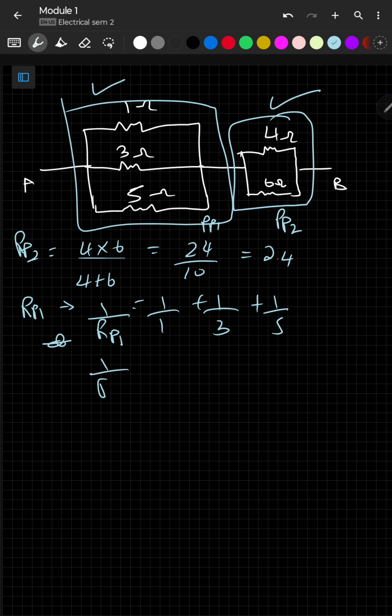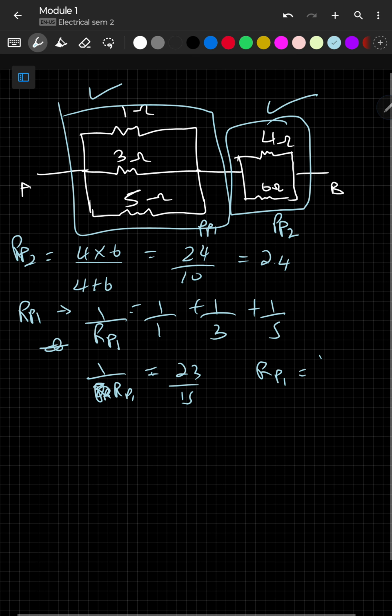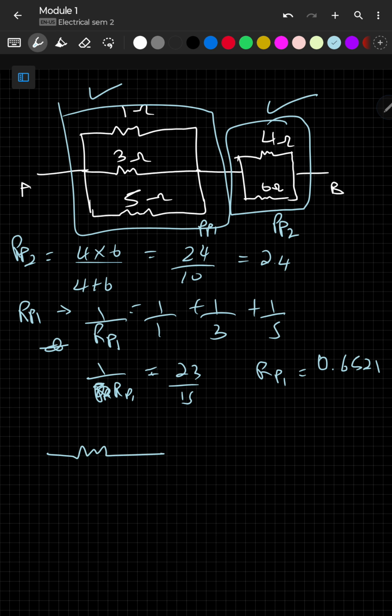So I get 1 by RP1 as 23 by 15, but we want RP1, that is going to be 15 by 23. It's going to be 0.6521. I'm getting this RP1. So now let me redraw 0.6521, and here we got 2.4, A and B.